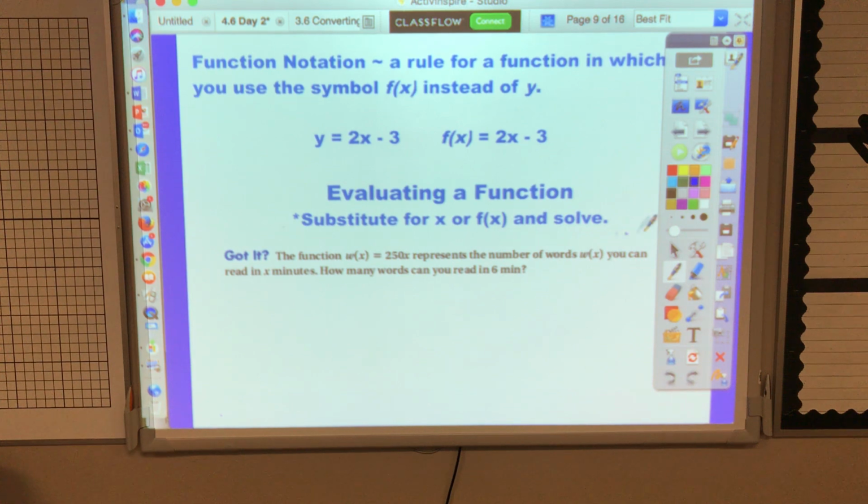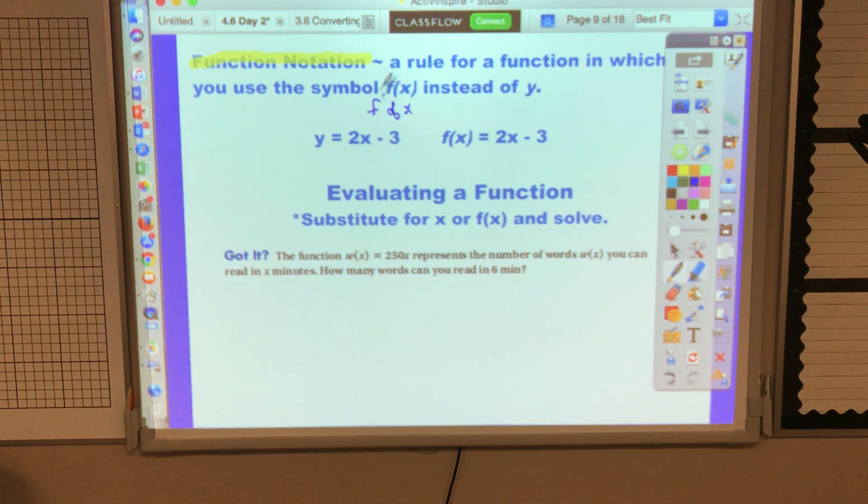Function notation is a form that you often see functions written in. It's a rule for a function in which you use the symbol f of x instead of y. It's telling you the function of x, right?